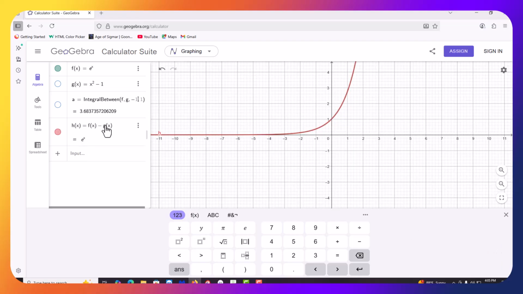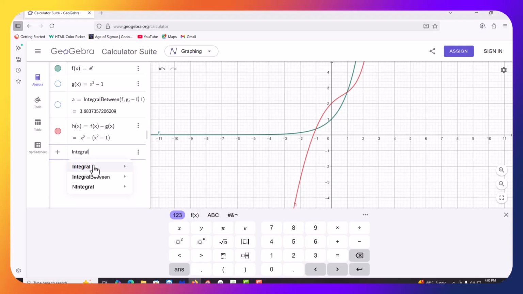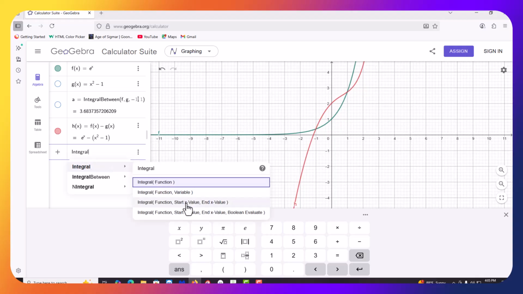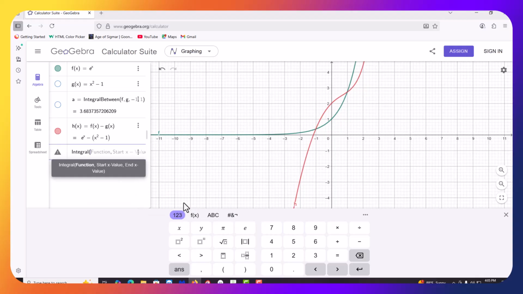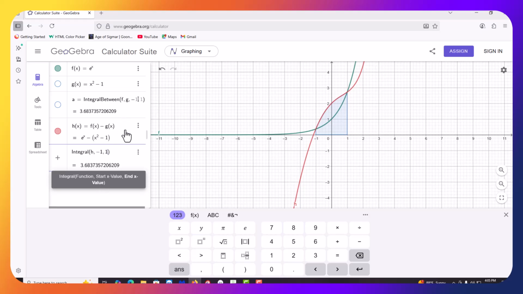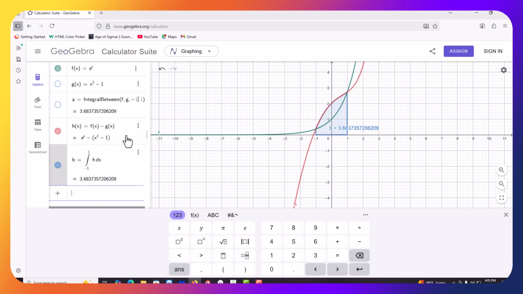And I want the integral, the function's name is h, and I'm going to go from -1 to 1. Now, notice the values are the same. So I've checked it two different ways here.